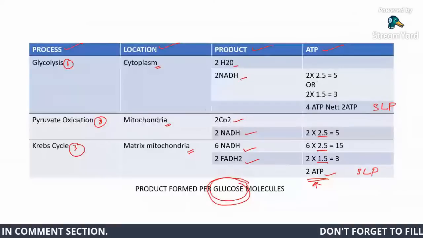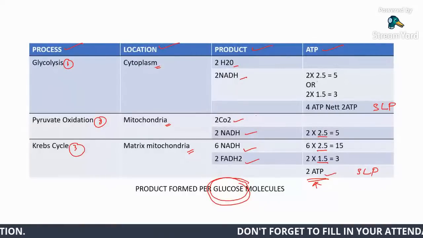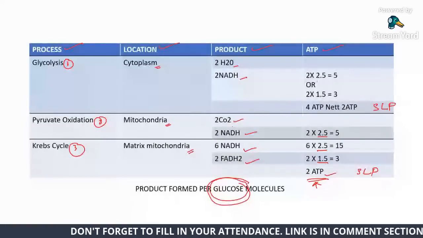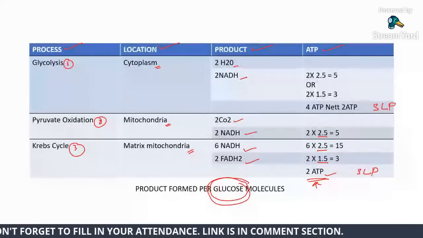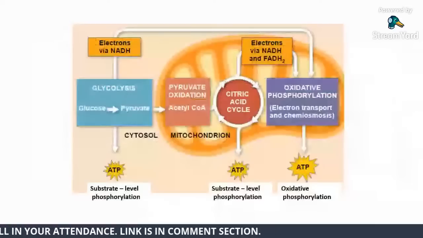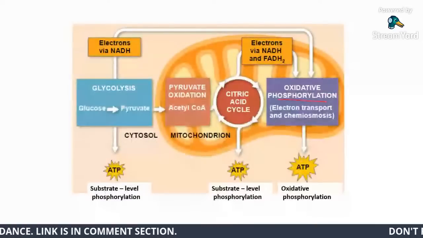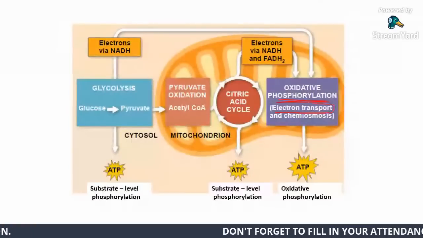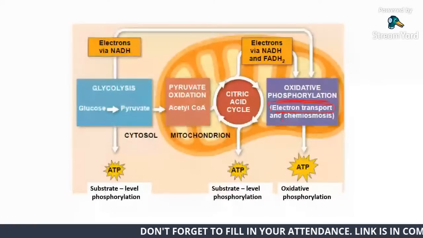Okay, and so this is what happened in cellular respiration. And next we have oxidative level phosphorylation, where oxidative level phosphorylation is divided into electron transport chain and chemiosmosis.